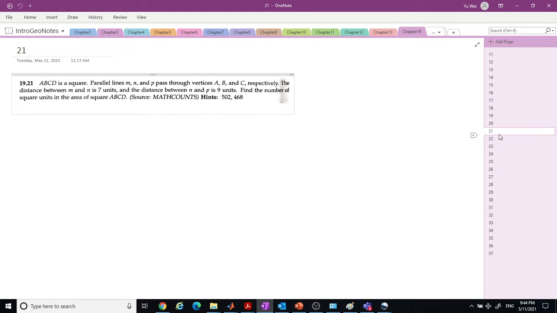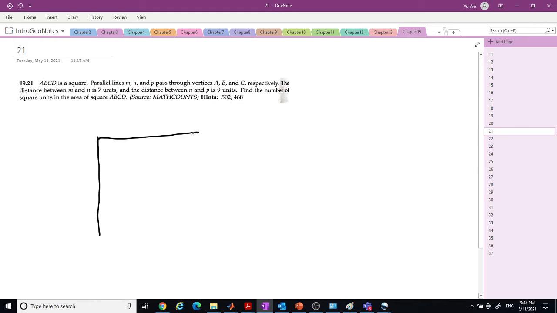Okay. Then next, ABCD is a square, and the parallel lines. Let's draw ABCD as a square.